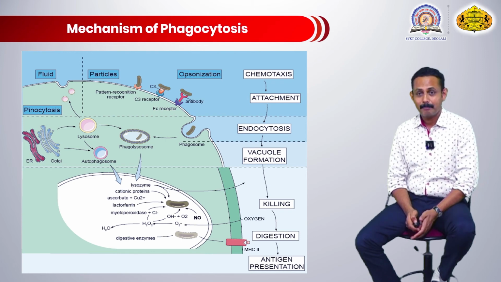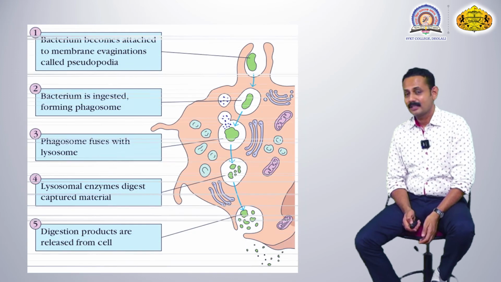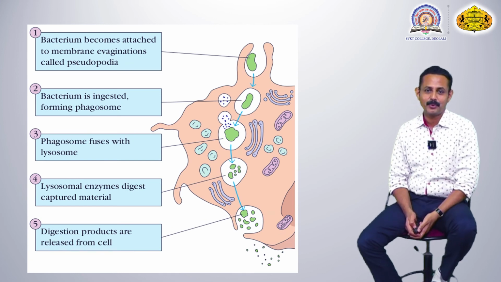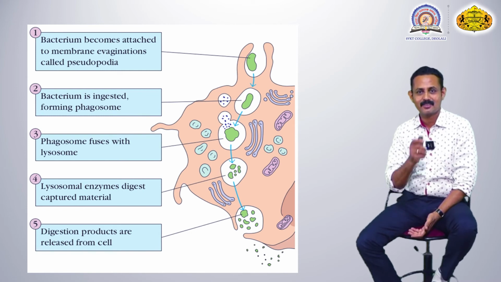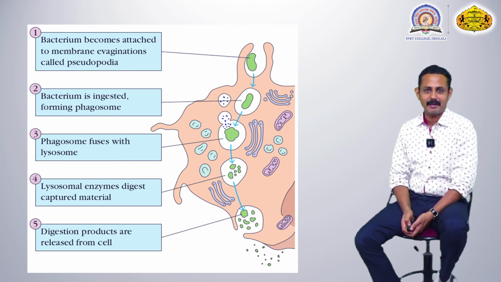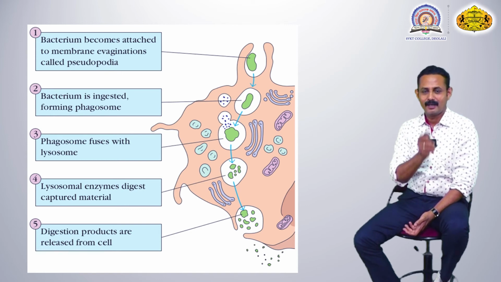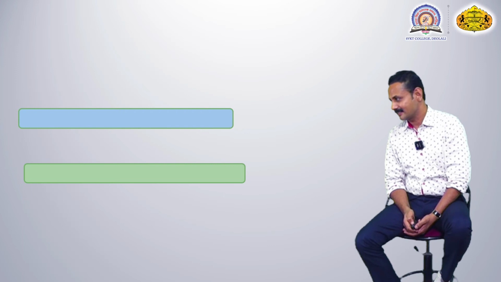This basic mechanism is depicted in this slide. There is also an additional slide in front of you, from which you can see how the internalization takes place. I have put forth the stepwise mechanism so you can understand the detailed mechanism of phagocytosis, with captions for your further understanding.